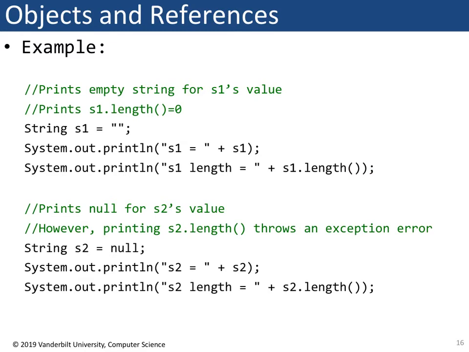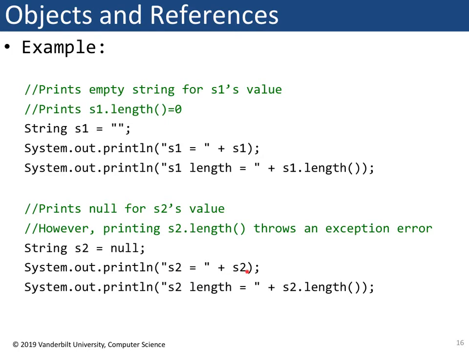And it's going to print 0. But notice we were still able to say S1.length. We were able to use that method because there was an object in memory. Even though there were no characters stored in the string, there was still an object in memory. Now notice what happens if we use S2 equals null.